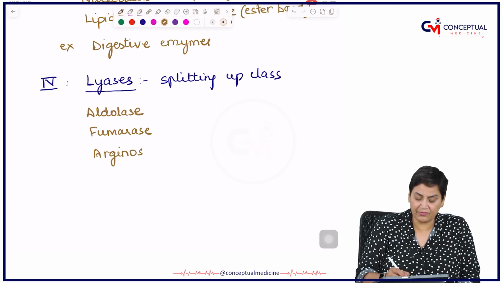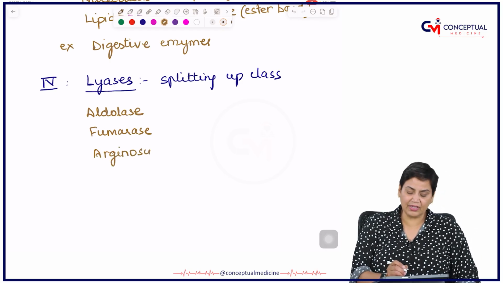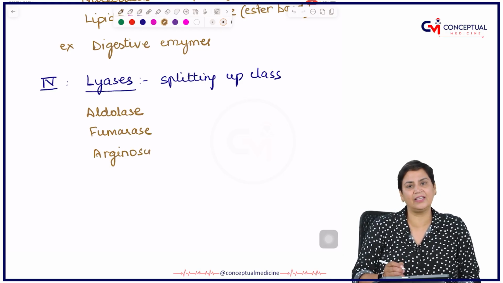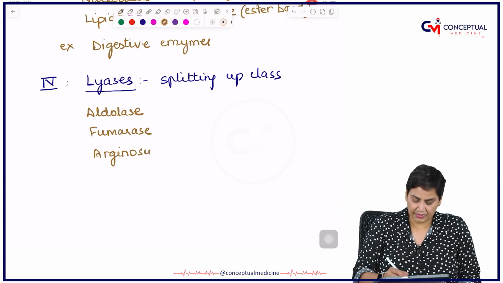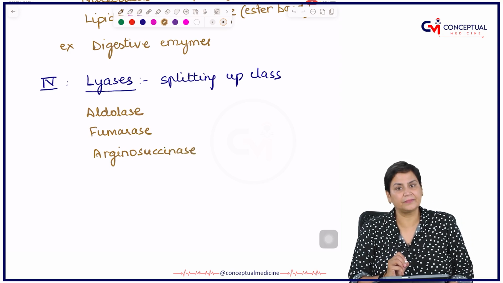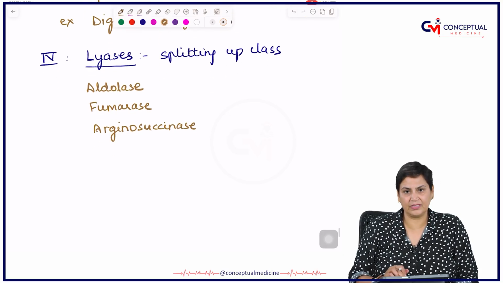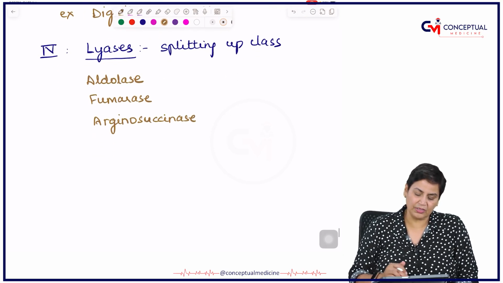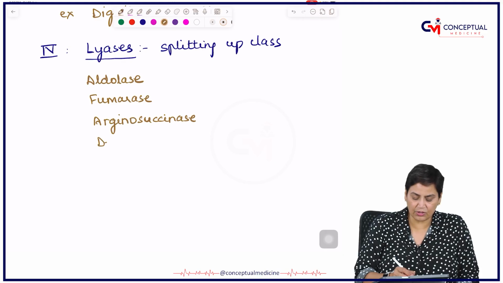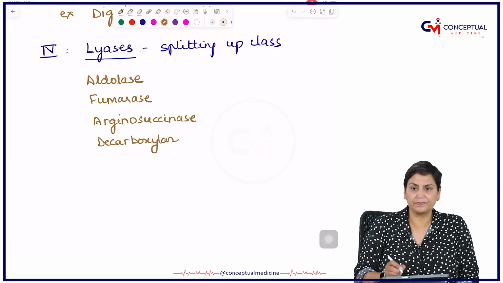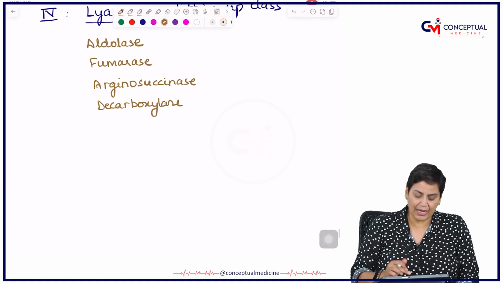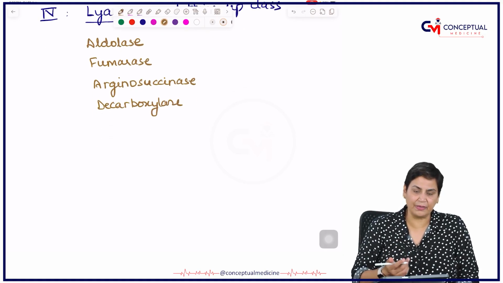You will see everywhere ASE is added. Or we can simply say argininosuccinate lyase. Okay, so they will come under the lyases class of enzymes. And again we can write decarboxylase also.